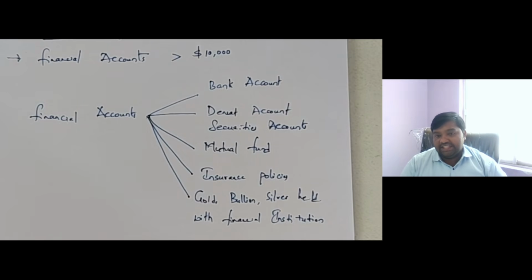This is basically done in Switzerland and all. Switzerland has specific lockers where they store your bullion, gold, silver, etc. And when the gold price reaches a certain point of return, they will sell these gold bars. Even that you have to report under FBAR. So I think you understood this form, FinCEN form 114.